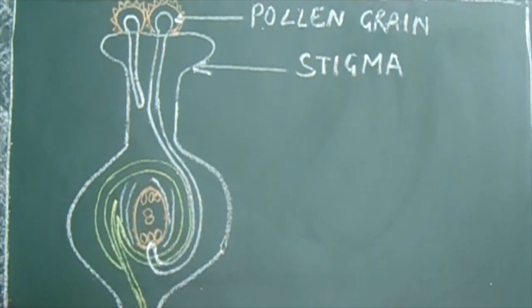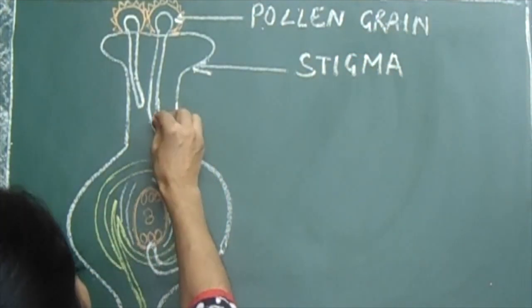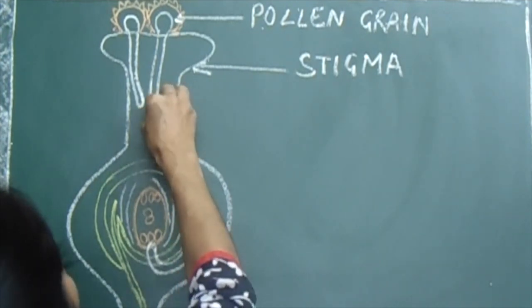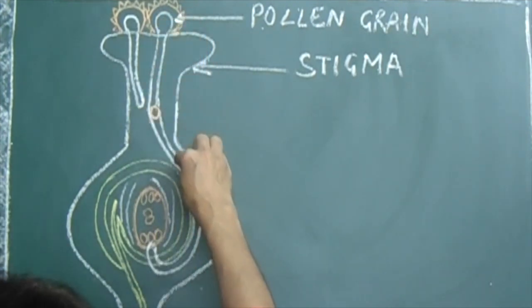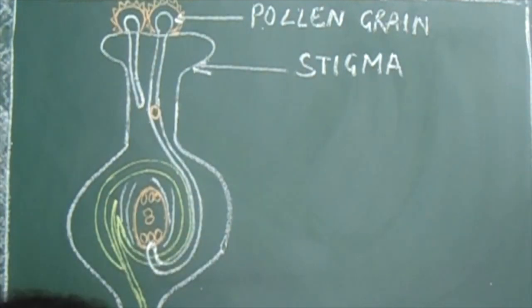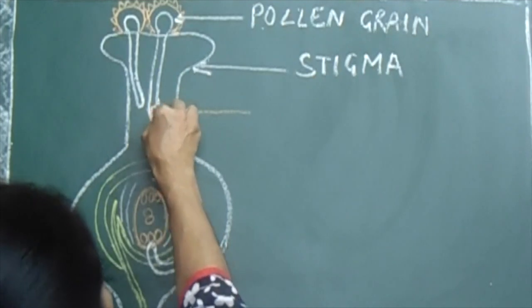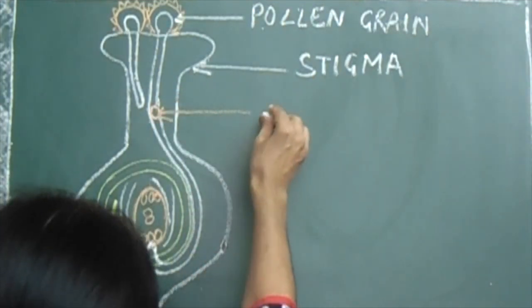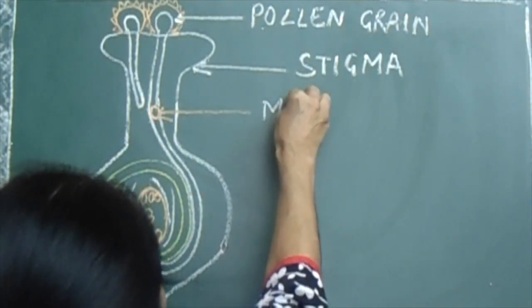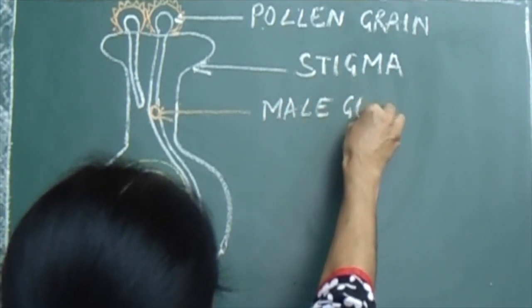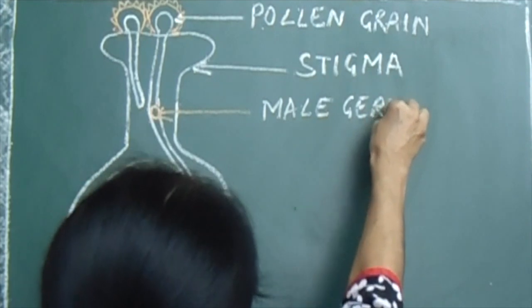After stigma, what do we have here? We'll be having the male germ cell. The male germ cell will travel through the pollen tube. So, this is our male germ cell.